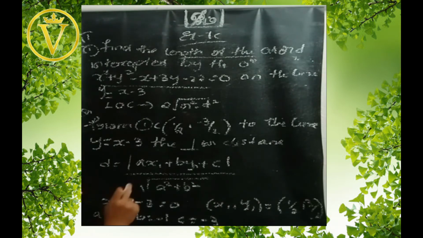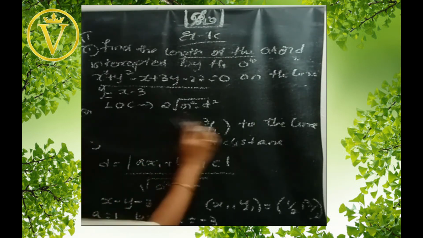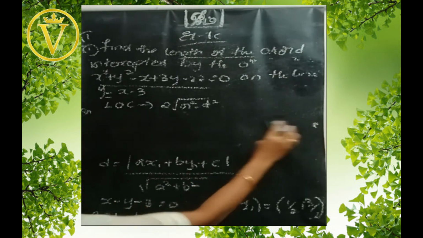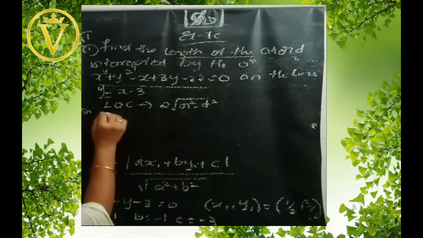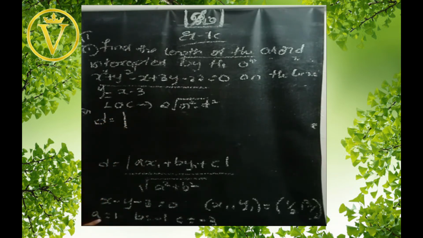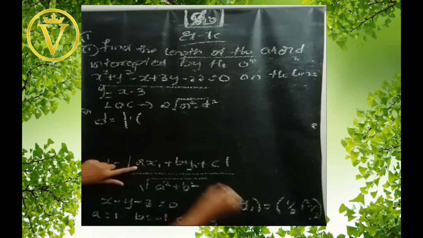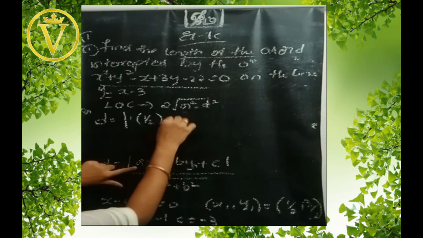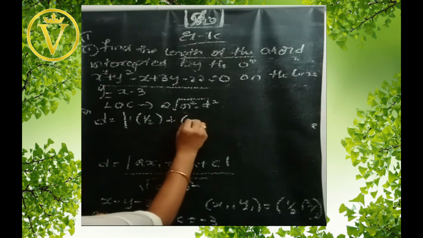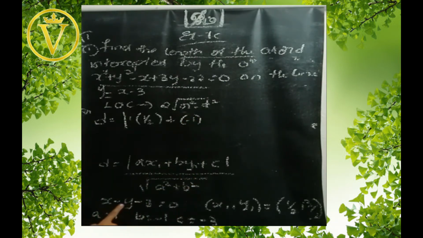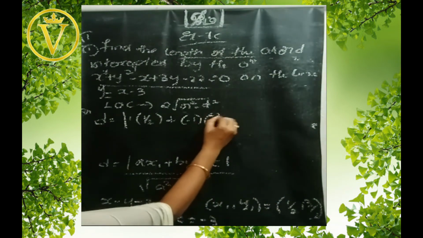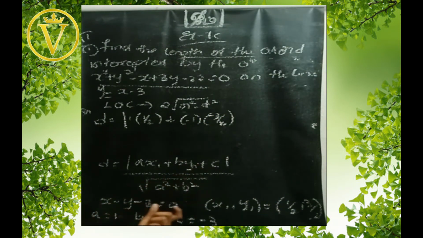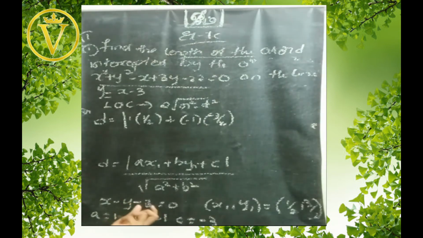Now substitute here. That means d equals mod of a, which is 1, times x1, 1 by 2, plus b, which is minus 1. Don't confuse here, the coefficient of y is minus 1. So minus 1 into minus 3 by 2, plus c. See here, the c value is minus 3, that means the constant.